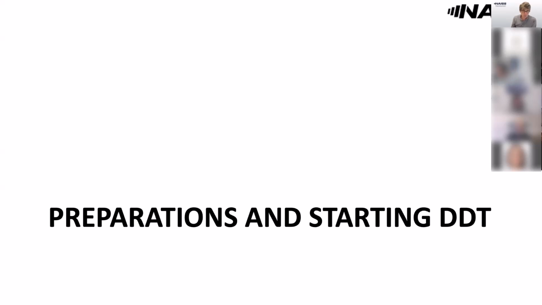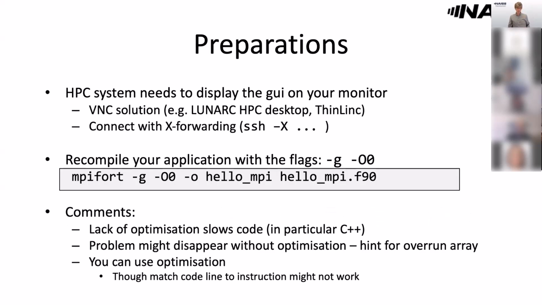Okay, I want to go into preparations and starting DDT. As I said, this has become a lot easier. In general, on an HPC system, I would look for a VNC solution like the one we employ in NACE, and a lot of centers employ them. To get DDT working, you need access to the GUI.